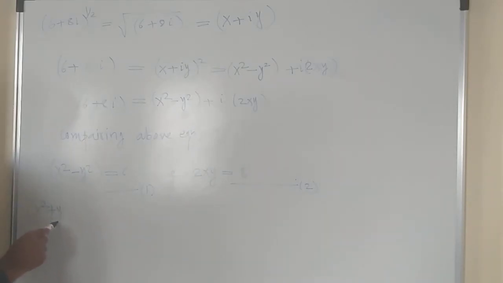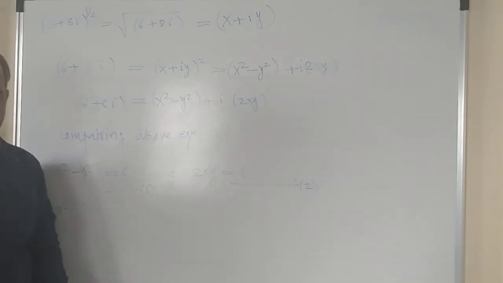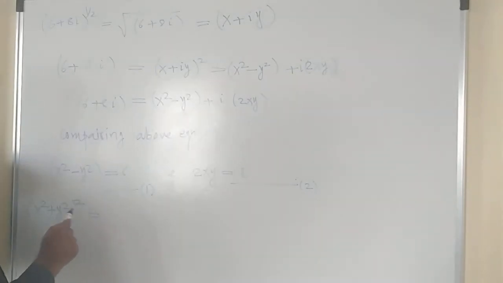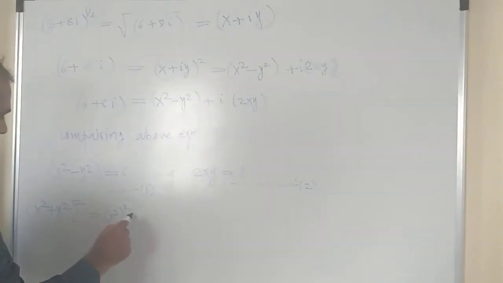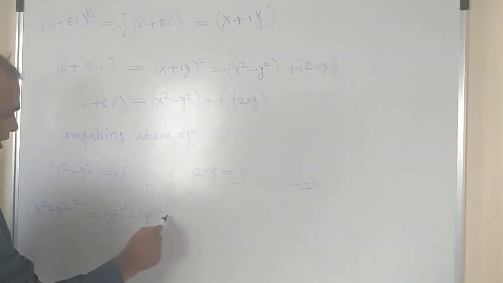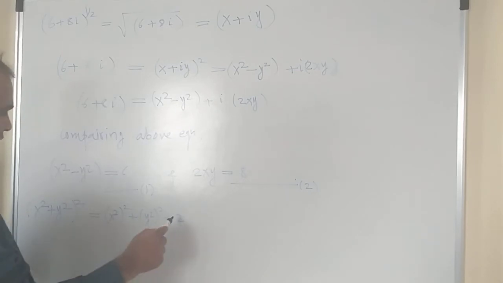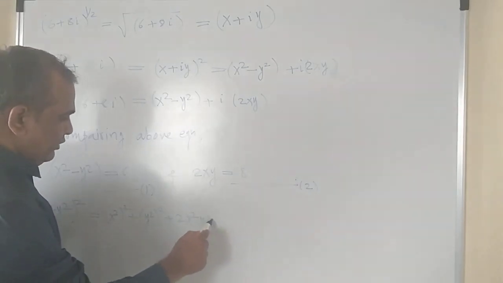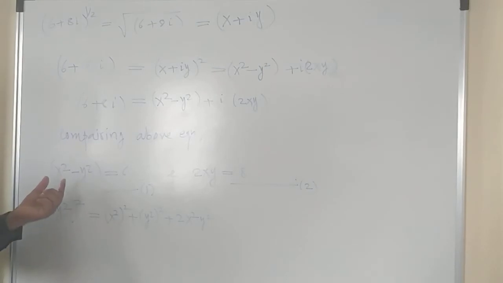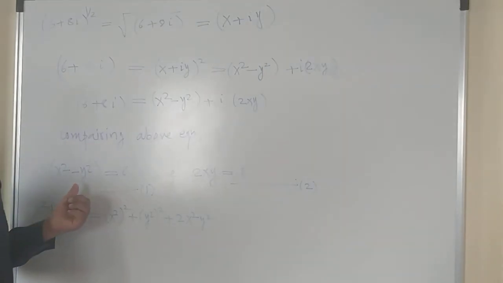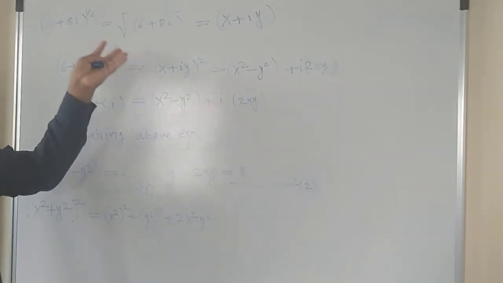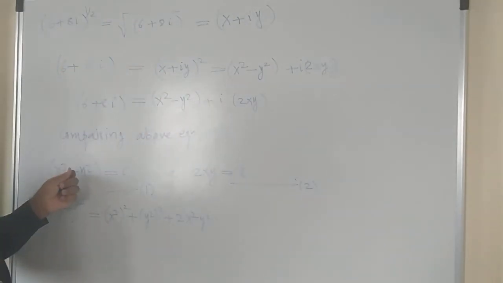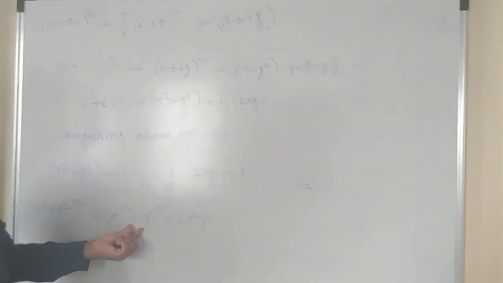So x square plus y square, whole square. Let us expand this bracket: you get x square, first term square, plus second term square, plus 2 times first term into second term. I want x square plus y square, but I have x square minus y square in the equation, so readjust this.